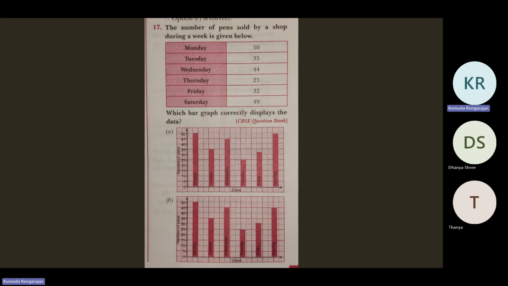Yeah, which is the correct option? A, ma'am. Option A, ma'am. Correct. 50, 35, 44, 25, 32, 49.